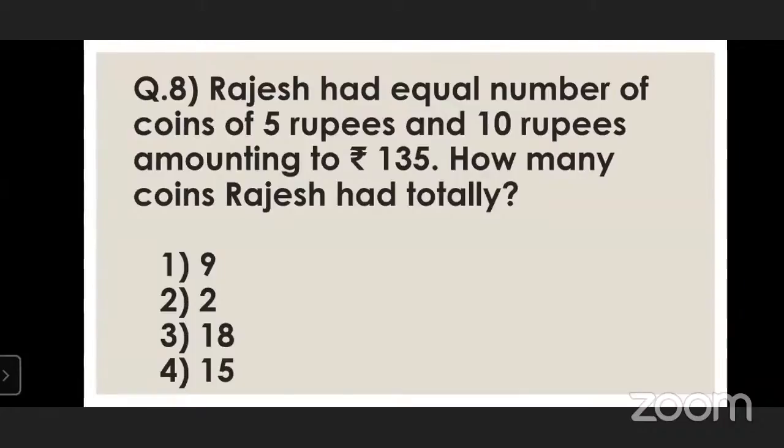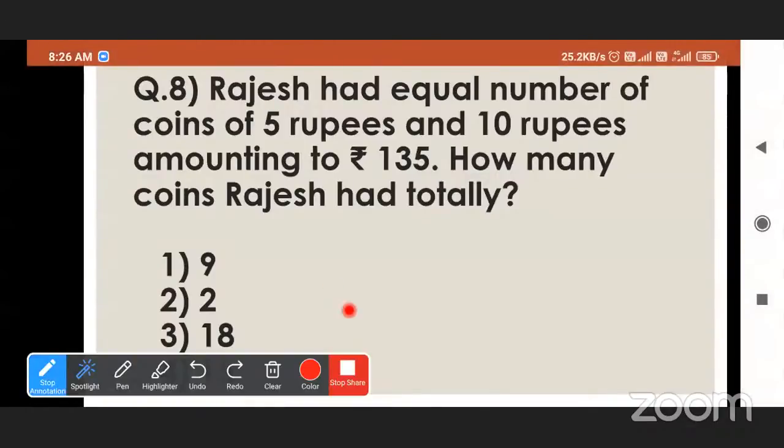So Rajesh must have an equal number of each coin. If he had 2 coins of 5 rupees, then he must have 2 coins of 10 rupees also. So we have to find the total number of coins amounting to rupees 135.